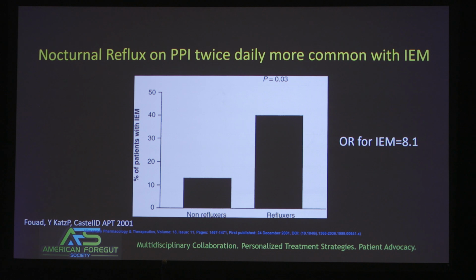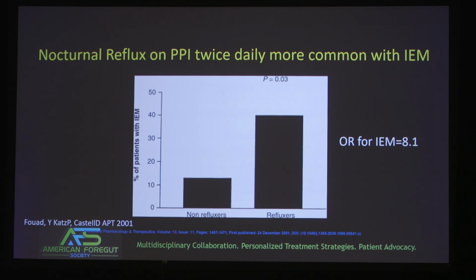Now, there is a relationship between reflux at night and motility abnormalities. Again, a study that we published in APT in 2001, looking at the frequency of esophageal acid exposure during nocturnal gastric acid breakthrough in patients with varying degrees of GERD. Non-refluxers at night and refluxers at night are the two bars.